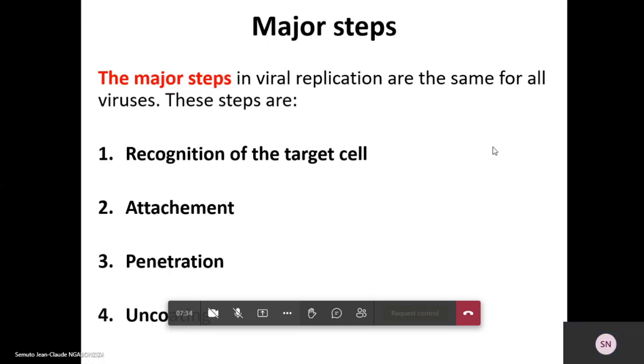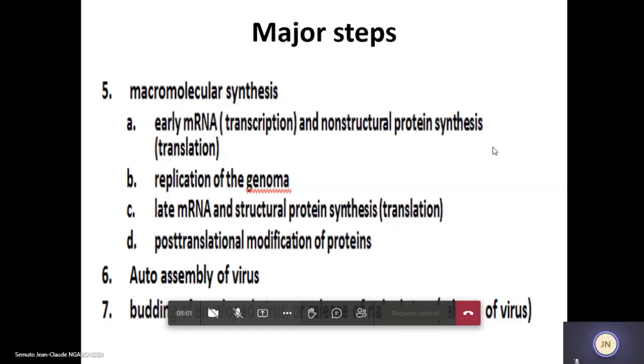The virus has to recognize the target cell, attach to the target cell, and penetrate the host cell, and then uncoating. It has to be able to release the genetic material, the shell or the capsid has to come off, and it has to synthesize from the nucleic acid material.